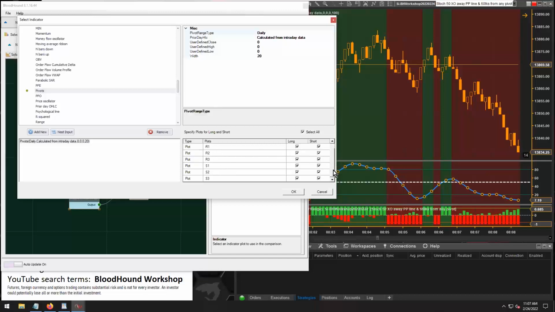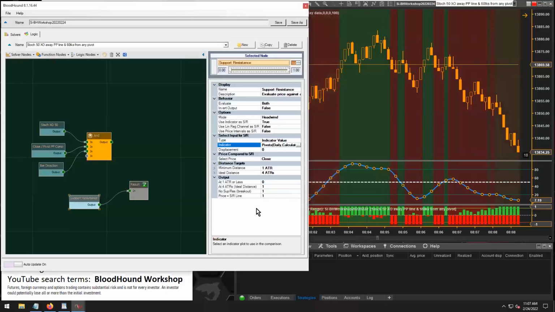So we've selected all the pivot lines here, and we're just using the default settings again. Let's click OK. Next is what price needs to be 60 ticks away from each pivot line. That's going to be the closing price.